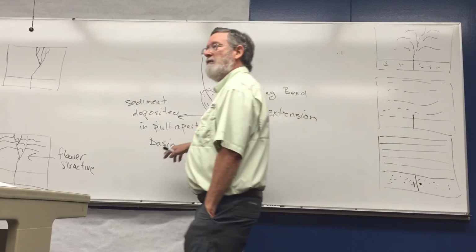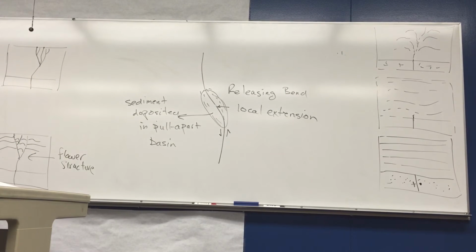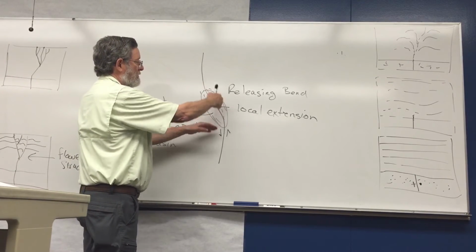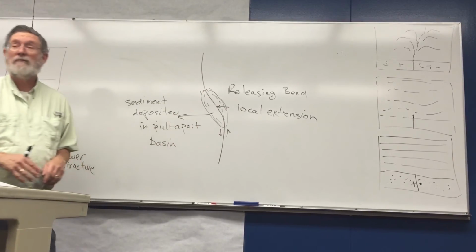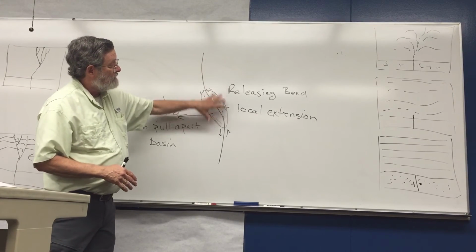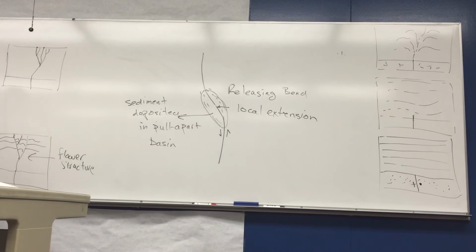We'll just call it a pull apart basin. That forms in a releasing bend. As we continue to displace, then we can actually stretch these materials out quite a bit. And we can end up with a rather intriguing array of laterally discontinuous sediments in time.